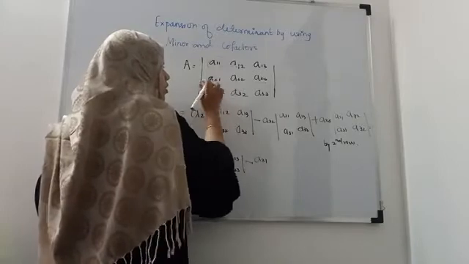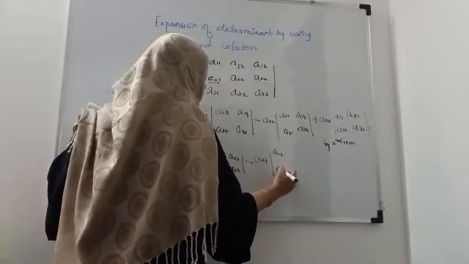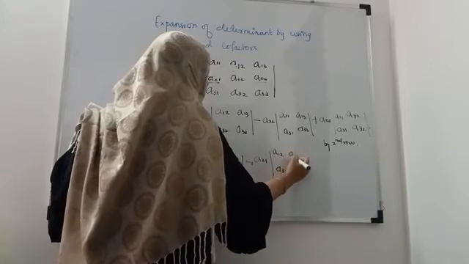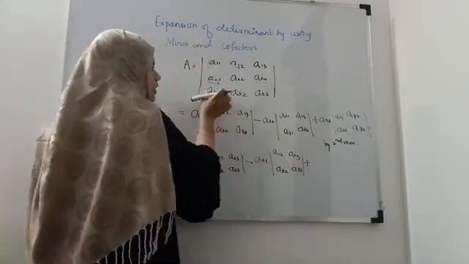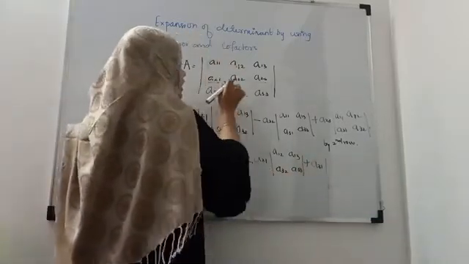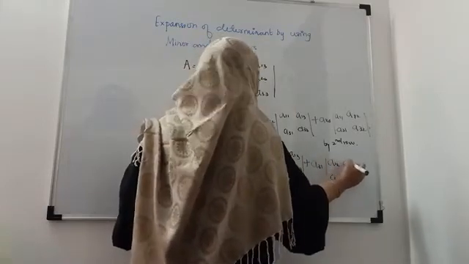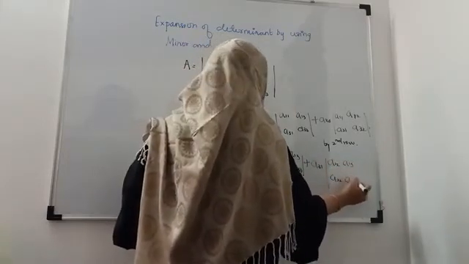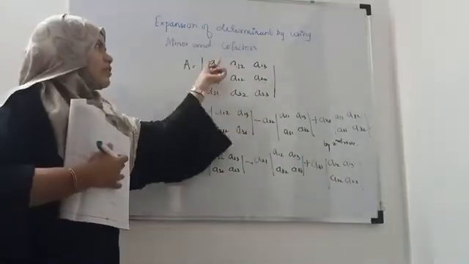So the corresponding column and the corresponding row will go. Plus, then the third entry, A31. This and this will go. You will be left with A12, A22, A13 and A23. Okay, so this is the determinant by using the first column.